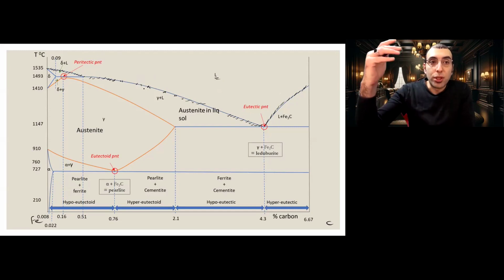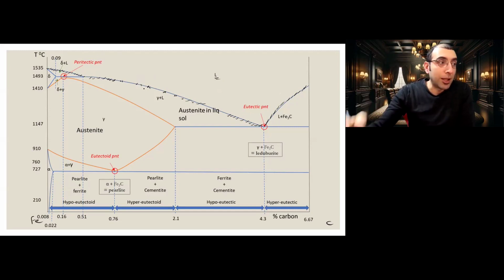So everything above it with respect to temperature, here we have temperature, and it's going up. So with respect to temperature, everything above it will be at liquid state. So that's our liquidus line. Now we know where it is.